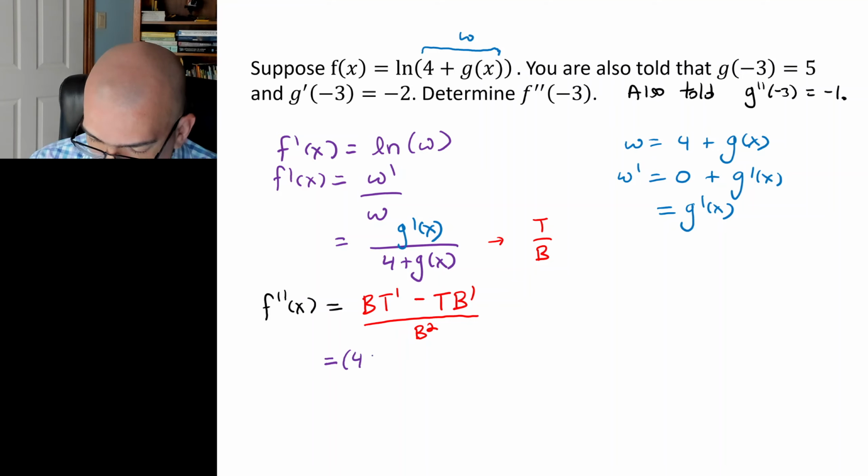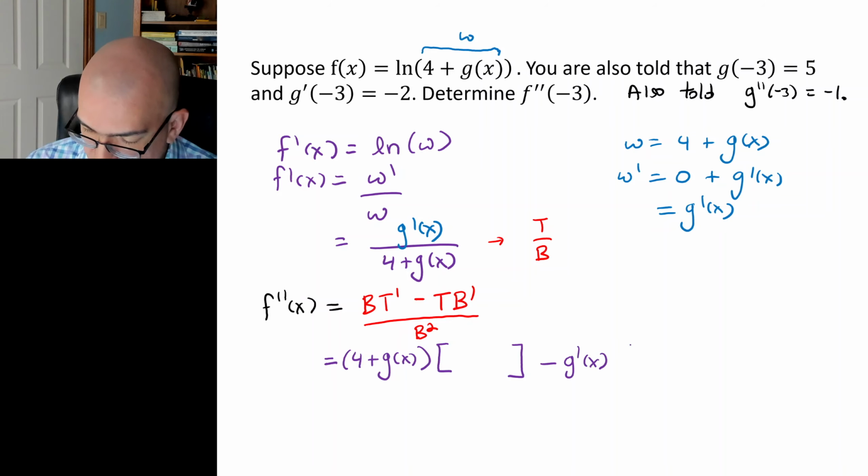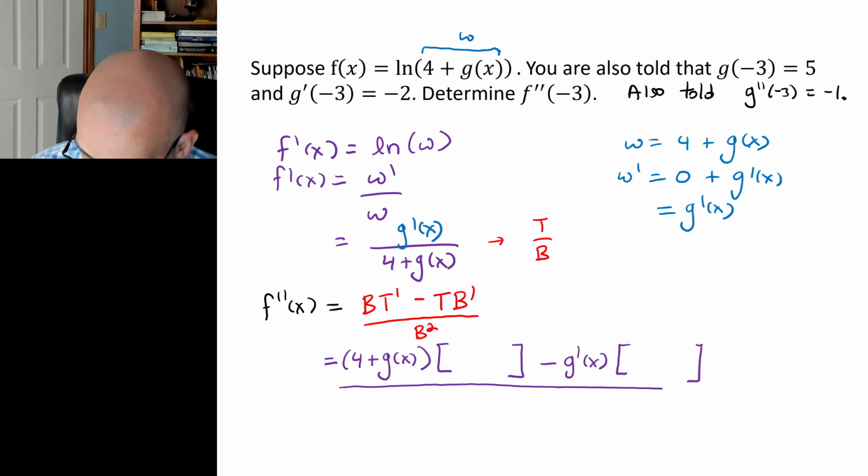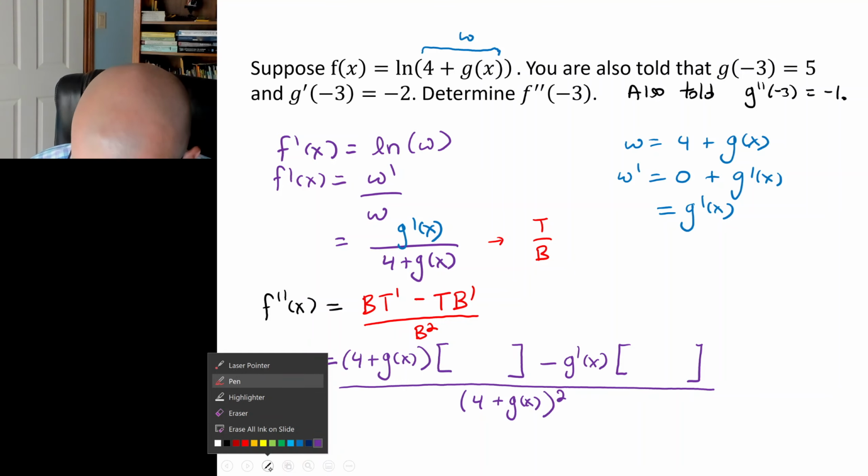The bottom function is 4 plus g of x times t prime, so leave a space for that, minus t, which is g prime of x, and I'll leave a space for b prime, all divided by the bottom squared, 4 plus g of x all squared. We're going to have to calculate those quantities.